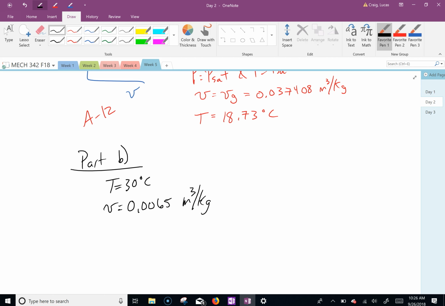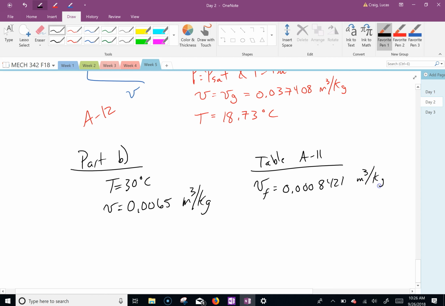Okay, so from table A11, and we'll look this up after we do it. Hopefully it's the right table, I think it is. VF is 0.000841 meters cubed per kilogram, and VG is 0.026622 meters cubed per kilogram.